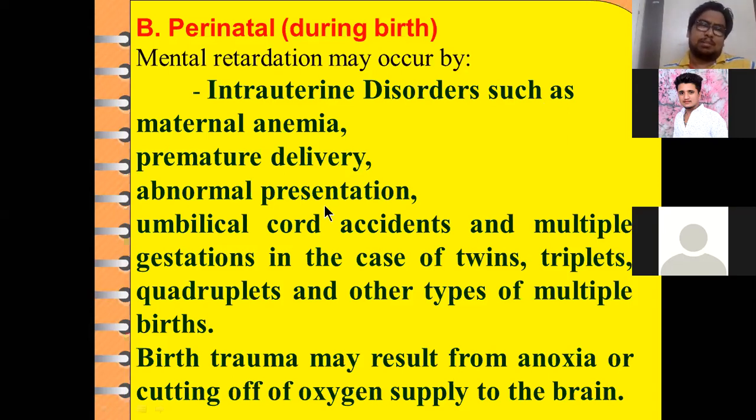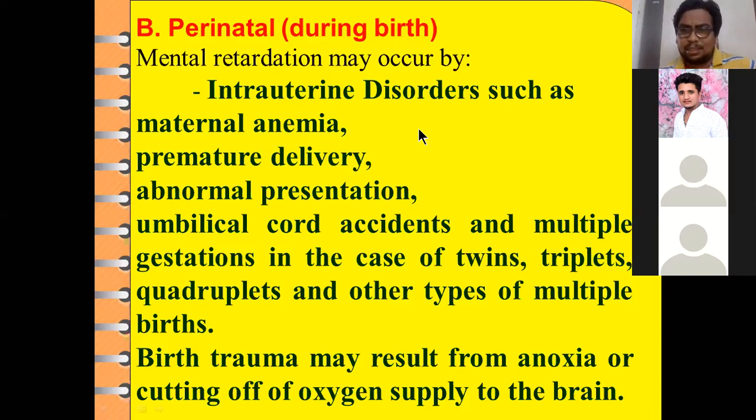So in OBG you are studying the breech presentation. The breech presentation or any other abnormal presentation can also lead to mental retardation. And umbilical cord problems. If there is a very short umbilical cord, or if the umbilical cord ties around the neck of the baby, that may also lead to mental retardation.